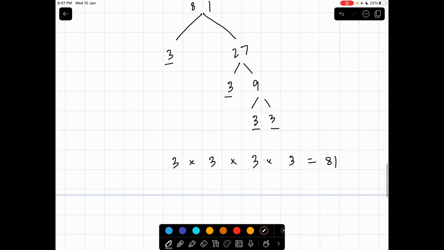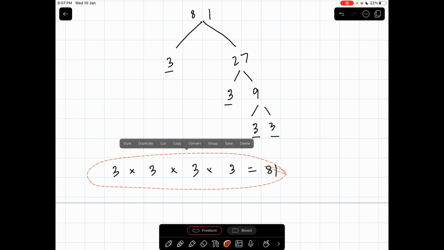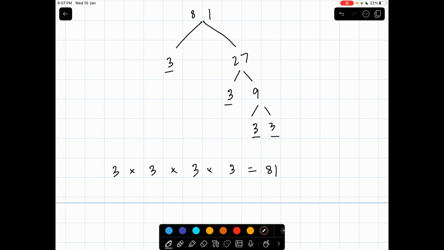Here, you have to be alert that this particular question is asking whether 81 is a perfect square or not. For a perfect square, you will have two same numbers multiplying each other. So what is common in this method is you have to separate the numbers that are multiplying each other into two sections.